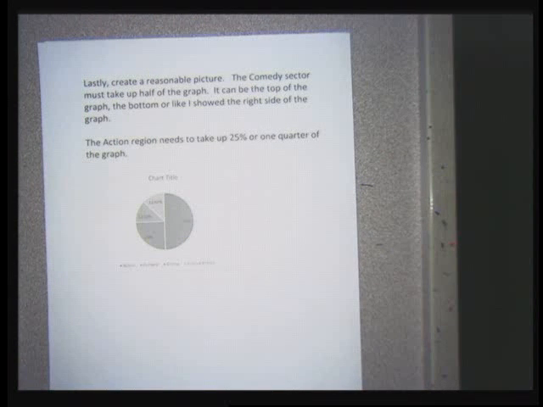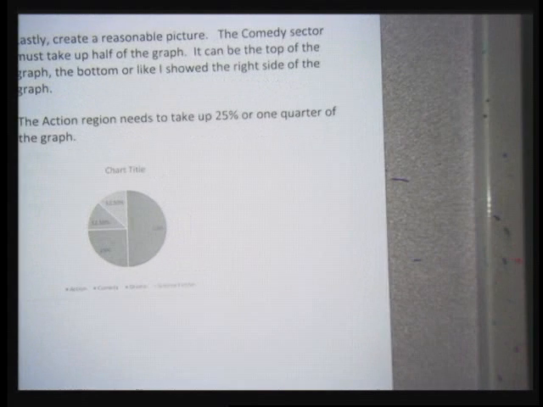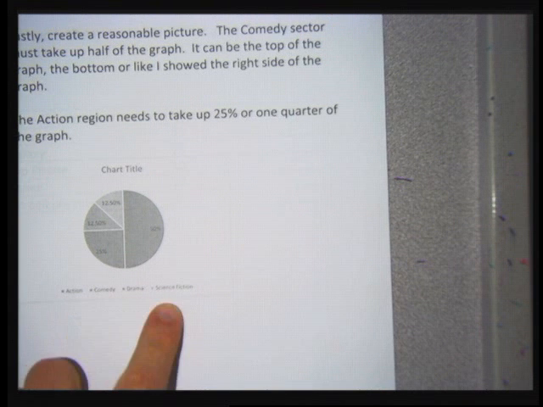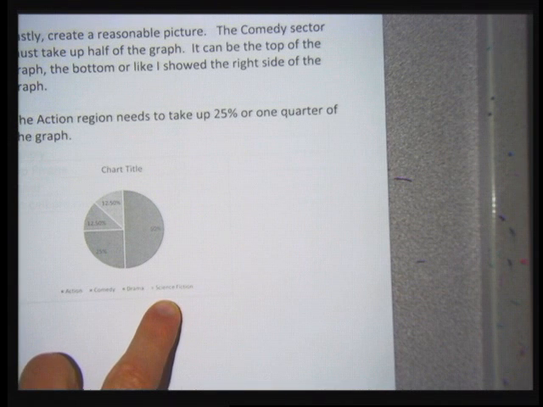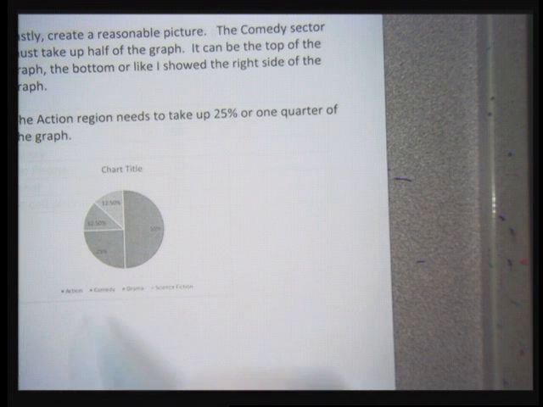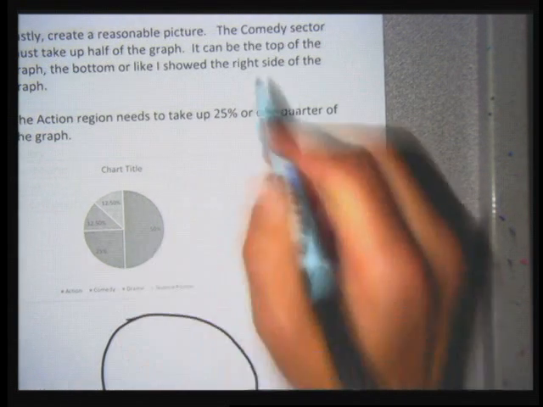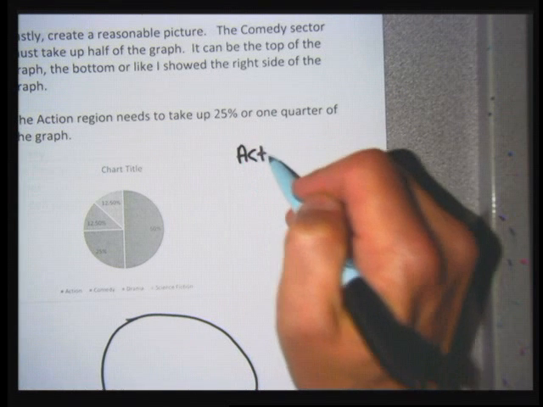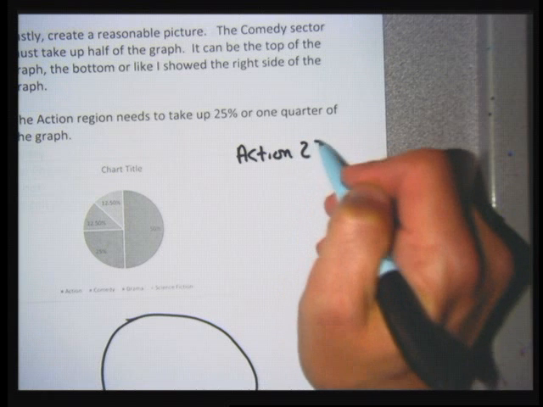What I know how to get Excel to do is draw the percents inside the circles, but I don't know how to make Excel put the words inside the circle. So it puts the words in a legend and it color codes, but you can't see the color. So if I was doing this by hand, the first thing I would need to put in is action, which is 25%.